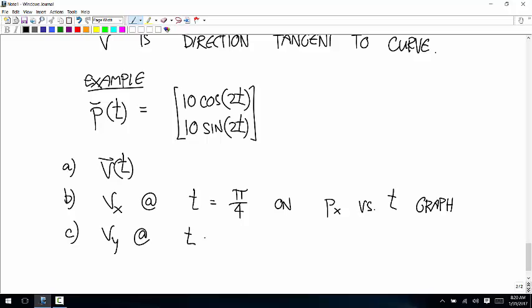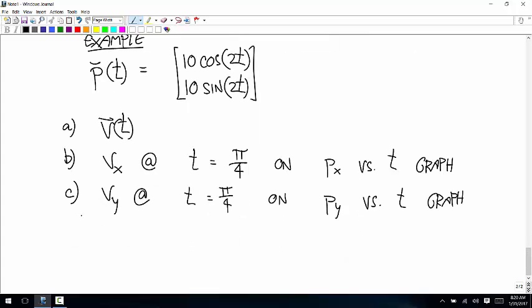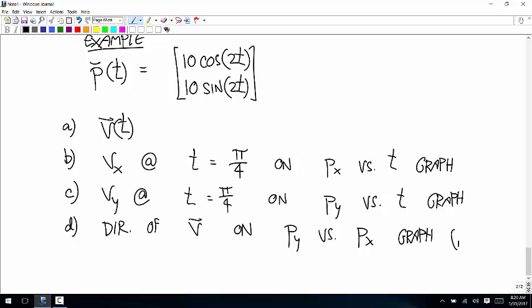Vy at time equals pi over 4 on a py versus t graph. And the direction of the velocity vector on a py versus px graph. That's the path, the one that shows the path.